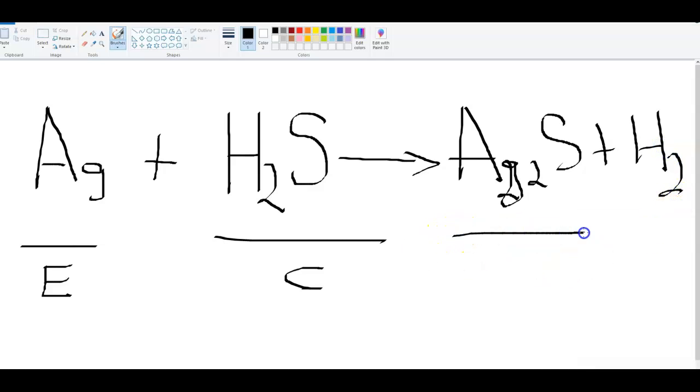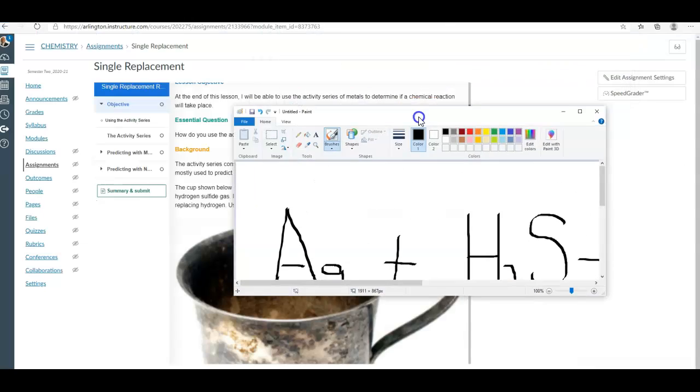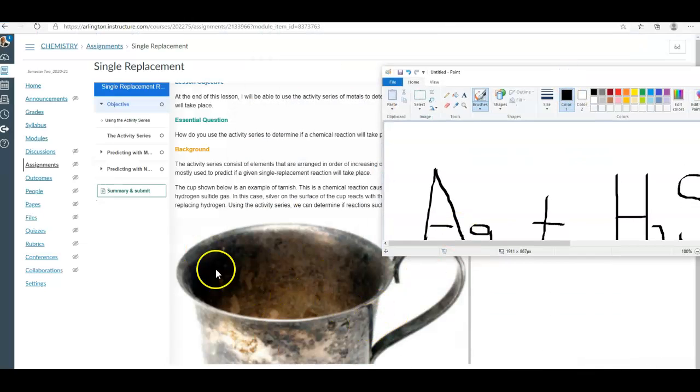So this is the silver sulfide. That is the ugly part of that cup that you see. Those are the black dark spots that you see on the cup, which is the silver sulfide.